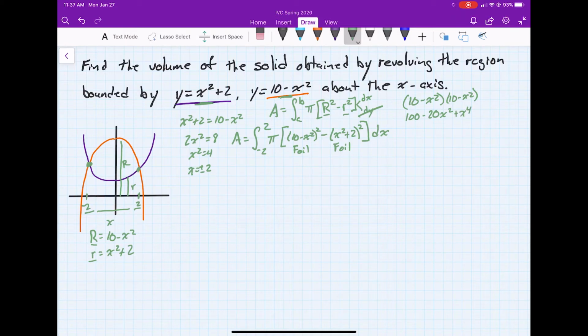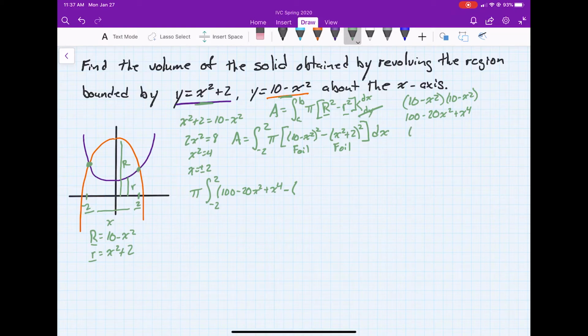There we go. So that's going to be the first one, and then of course we've got to FOIL the second one. Let's just put the first part in. I'm pulling the pi out, the integral from negative 2 to 2. And what was the first? It's 100 minus 20x squared plus x to the fourth. Okay, so we're going to have minus and then whatever the second one is FOILed out to.